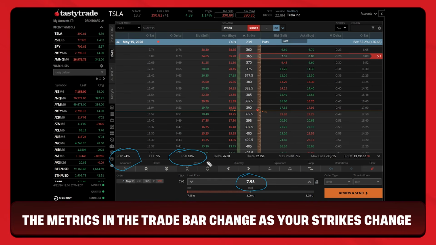And then if I go to delta, this is going to be my directional bias on the trade. As we understand, delta of course is dynamic, and one of the interpretations of delta is the directional exposure of the trade. Every option contract of course has 100 shares, and so a delta of 26 is showing me that when I put this trade on, it's going to feel like 26 shares of stock.